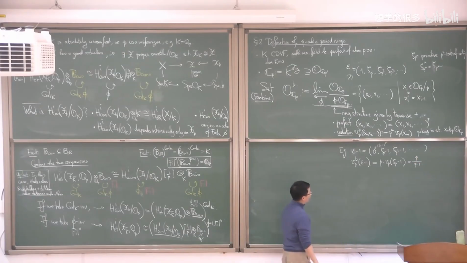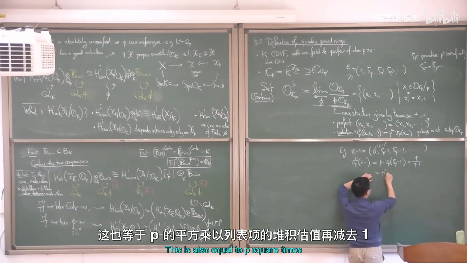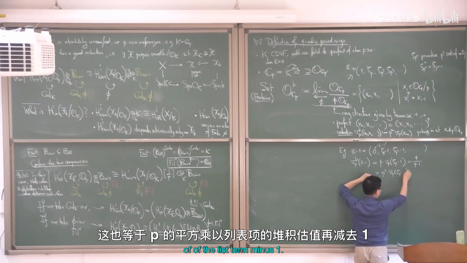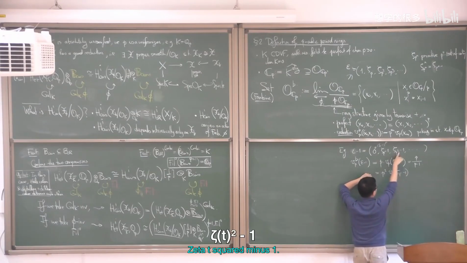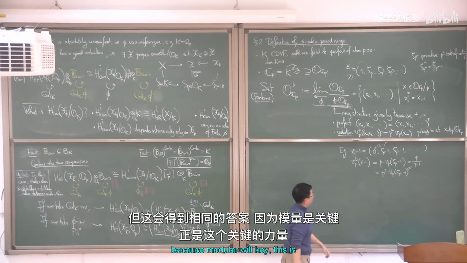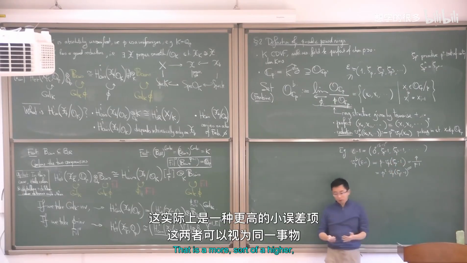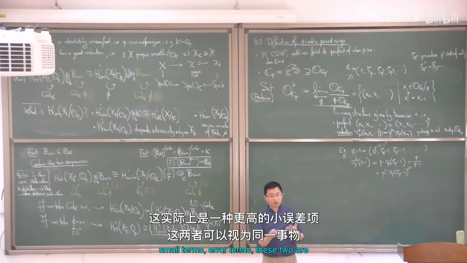Okay? You could use the third term. This is also equal to p squared times the p-adic valuation of this term, zeta p squared minus 1. But this will give the same answer, because modulo p, this to the p-th power is precisely this one. That means modulo p they differ by higher, small error terms.